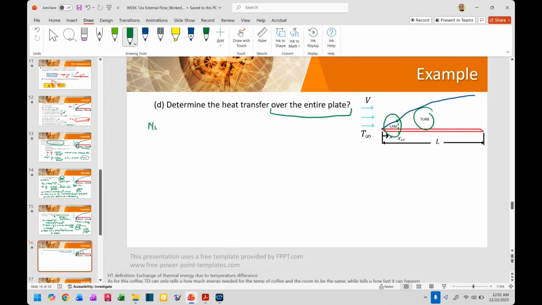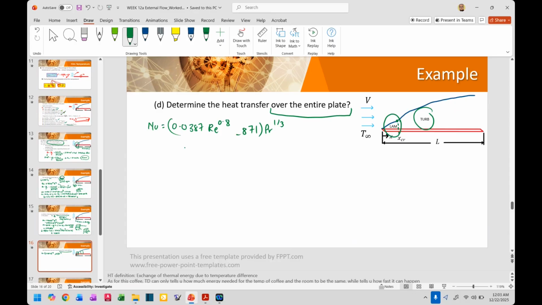The Nusselt number for that is 0.037 times the Reynolds number, let me just check my notes, raised to the power 0.8 minus 871, times Prandtl number 1/3. If you ask me where this equation comes from, there's a heavy calculus behind it that stems from the conservation of mass and momentum equations.